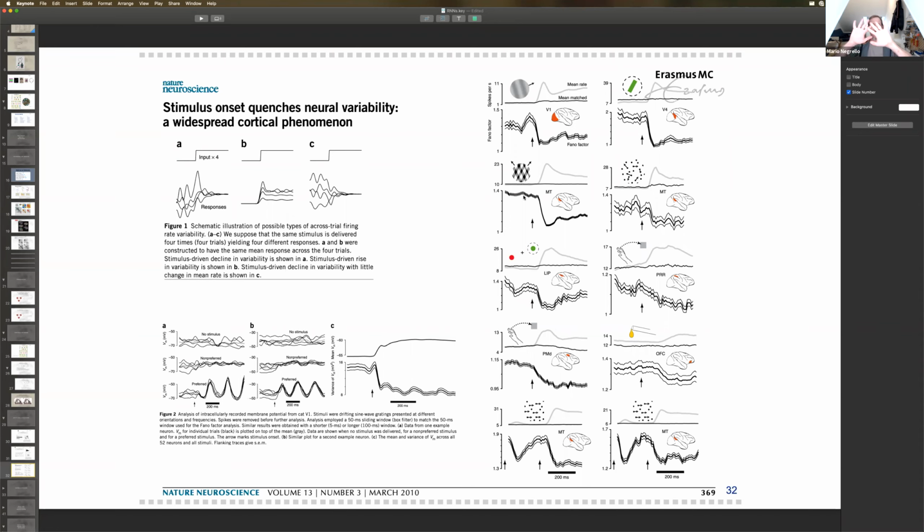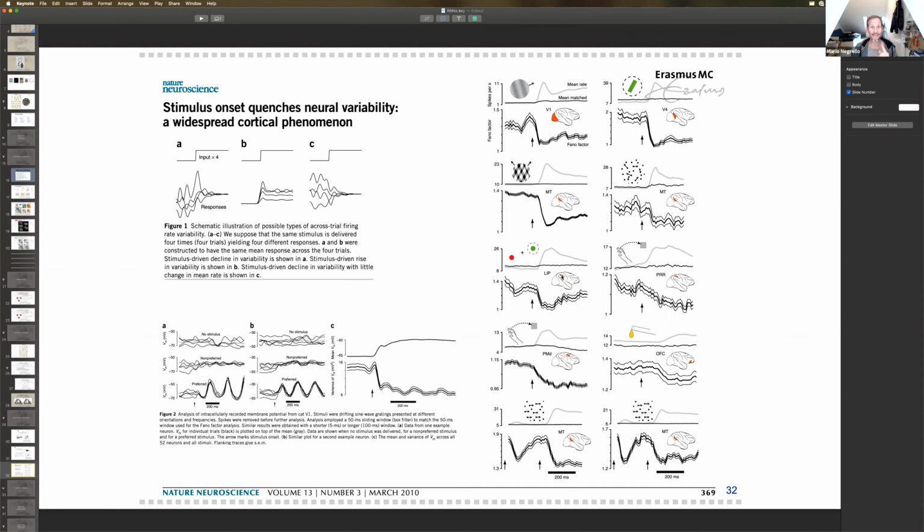These are two moving gratings that create an illusion of motion, and you're measuring MT, which is the medial temporal cortex. Or, also in the medial temporal cortex, you present a random dot pattern moving, and you also see a reduction of the Fano factor.